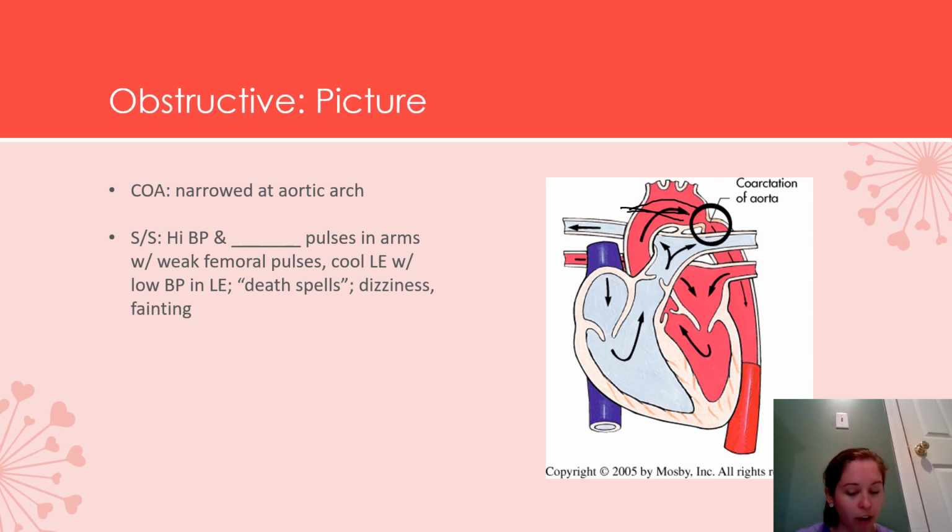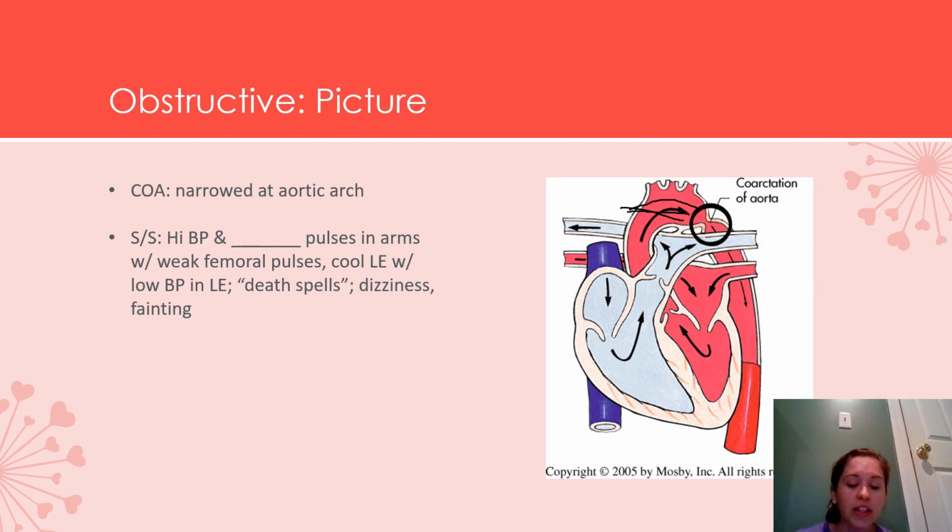And remember, back to our first slides, what do we expect our blood pressure and our pulses to look like in a normal pediatric patient? We expect our pulses and our blood pressure to be pretty similar, upper and lower, because of the smaller body size of the child.